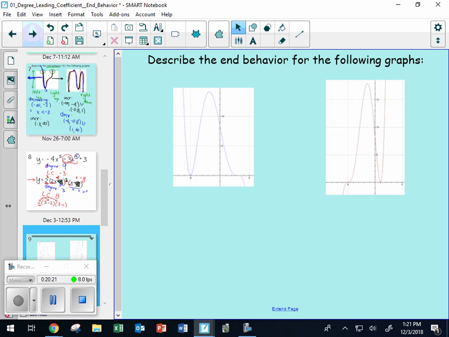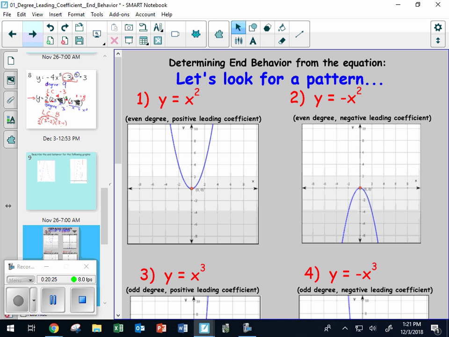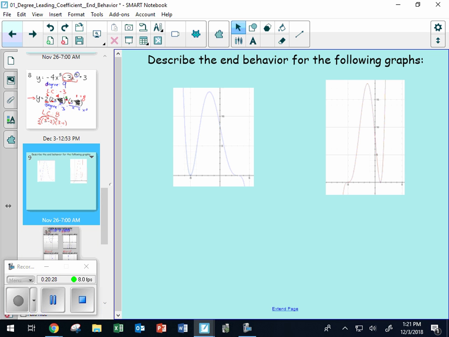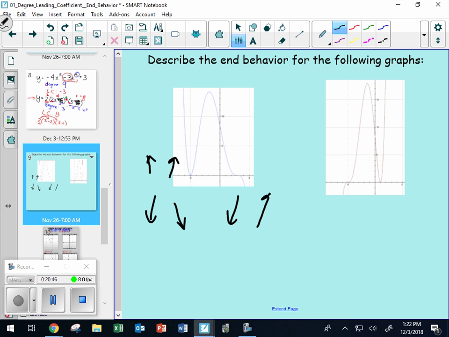Sad. But what I would like to do for the rest of today is the end behavior that we have looked at. Did you notice that with some of our graphs, we started with both ends going up, and with some, both going down? And if you look at the graphs that we were just looking at, didn't some of them have one end going up and one going down?